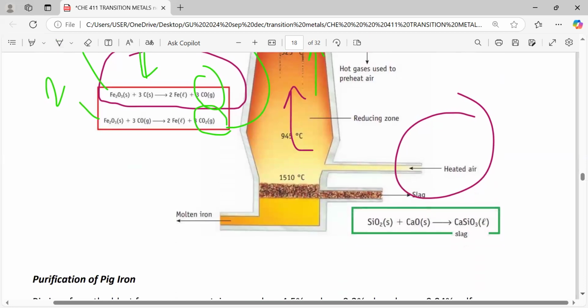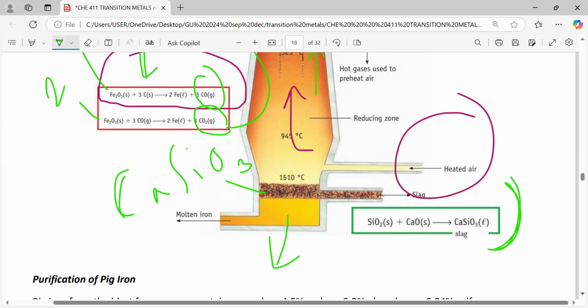This slag is your calcium silicates. So by the time you finish, you have this slag there, and the equation again is here. Then you get your iron out here. Iron that is much purified, doesn't have silicate or sand in it.